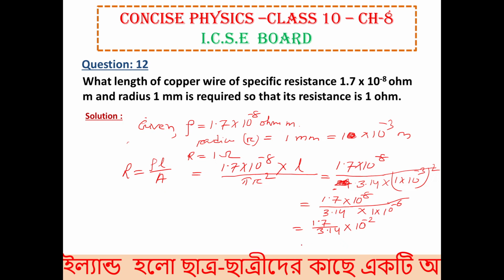So finally upon dividing this, we are getting 1.847 into 10 to the power minus 2 meter.